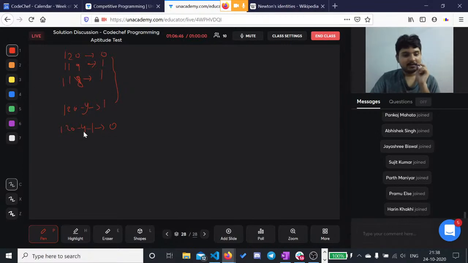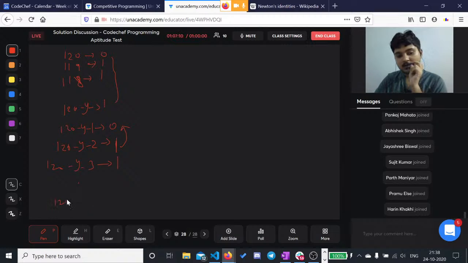So 120 minus y minus 1 will be 0, and then 120 minus y minus 2 will also be 1, because you can go from this state to a state which is winning. Okay, so then 120 minus y minus 3 will also be 1, and so on. 120 minus 2y will be 1, and then 120 minus 2y minus 1 will be 0.